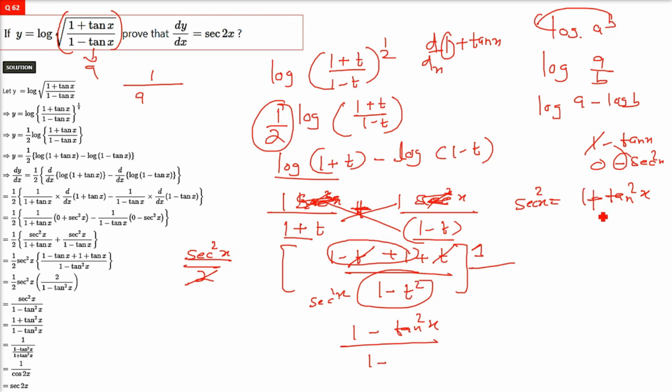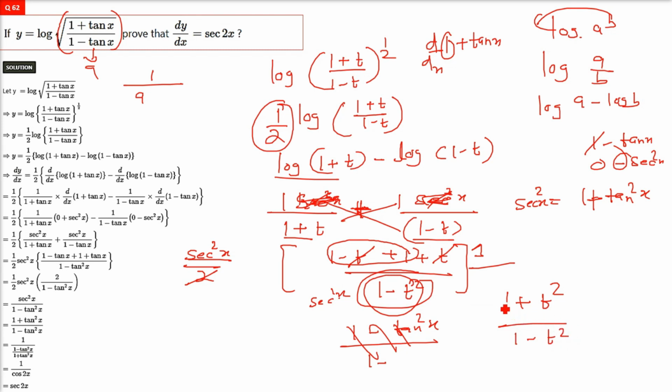I have changed here. So in the numerator, sec square x can be written as 1 plus tan square x. Alright. And in the denominator we have 1 minus tan square x. So 1 plus tan square theta by 1 minus tan square theta. This is what we got.